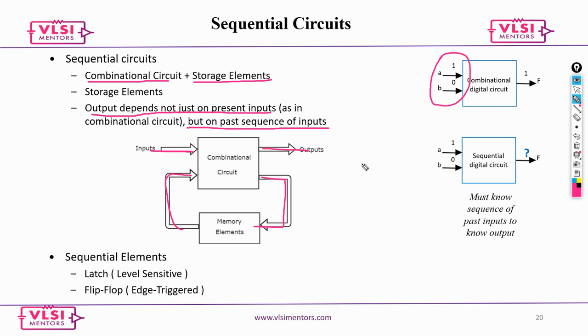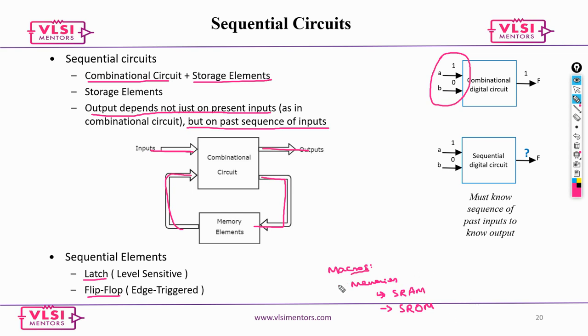Now what are the basic sequential elements that we might see in our designs? In your textbooks you will see only a latch and a flip flop, but when it comes to industry you will again see macros. I will explain what they are. Say you have memories, like an SRAM and a ROM, read only memory, and there are different types within that itself.